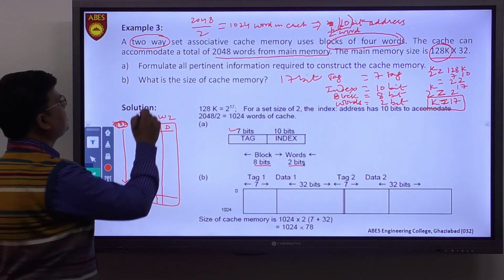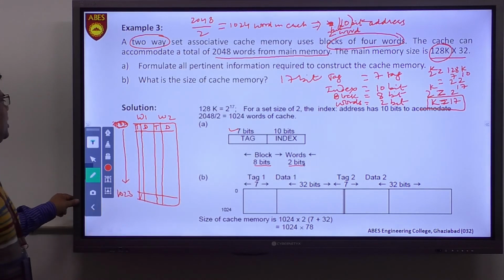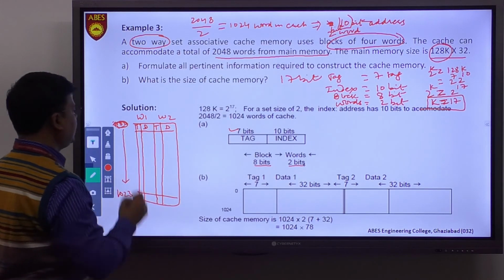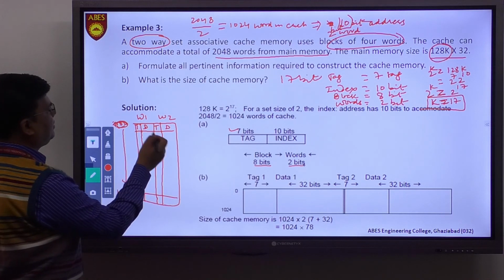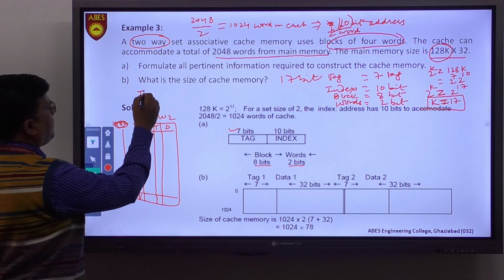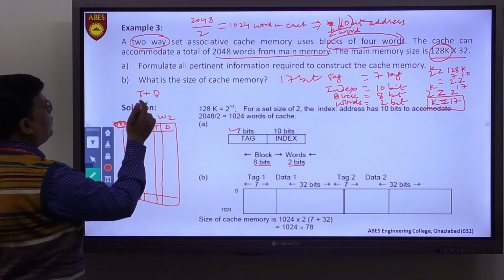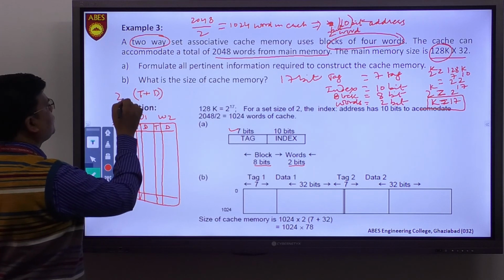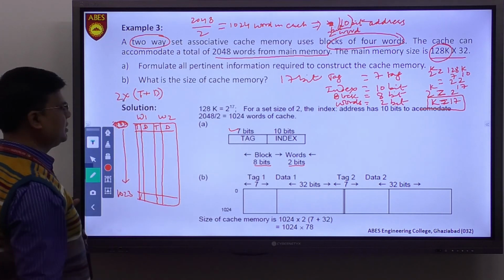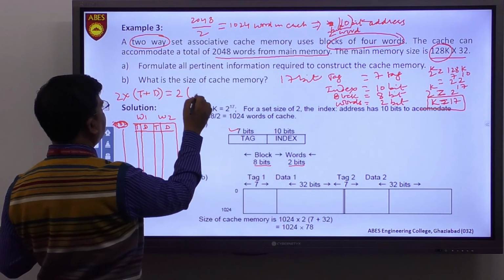Now the next part is what is the size of cache memory. Now see here, how can we find out the size of cache memory? The tag plus data bits, and we multiply it by 2 because there are 2 words there. So we write 2 inside the bracket.